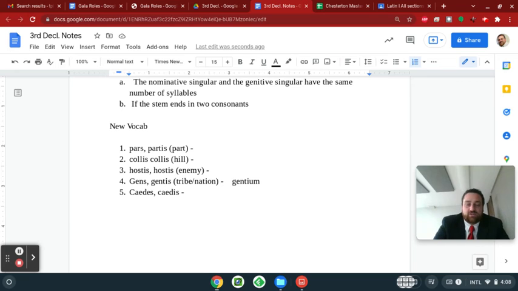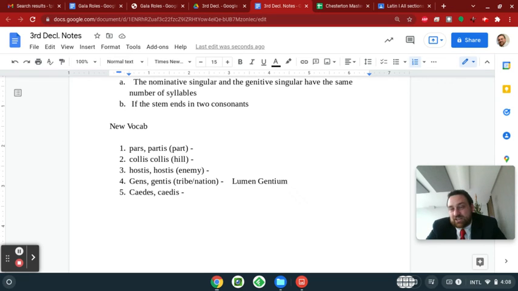In fact, lumen gentium, that's something that I'm pretty sure you've heard before. So that's the dogmatic constitution of the church. It was promulgated during Vatican II. So lumen gentium means light of the nations.